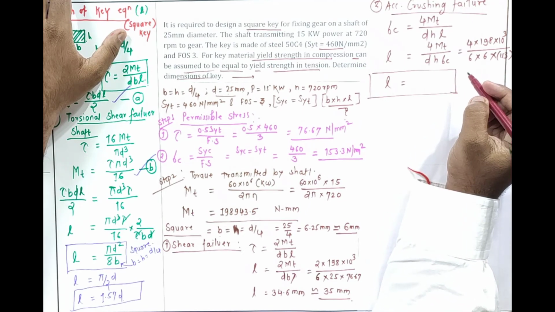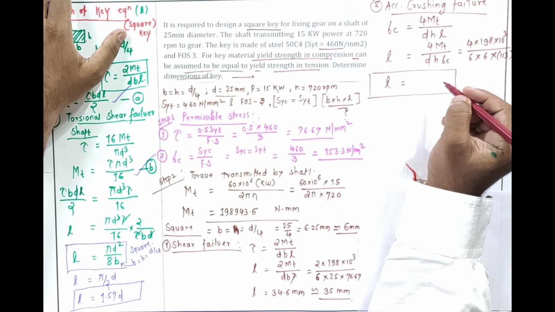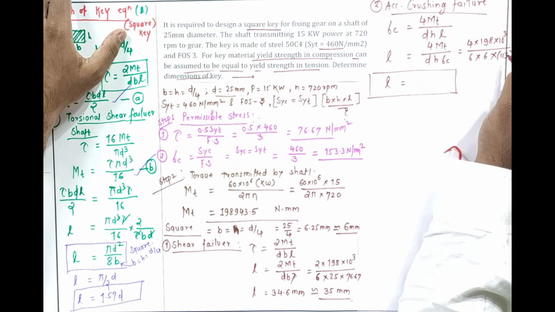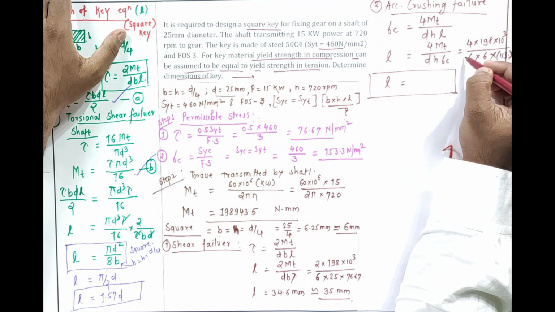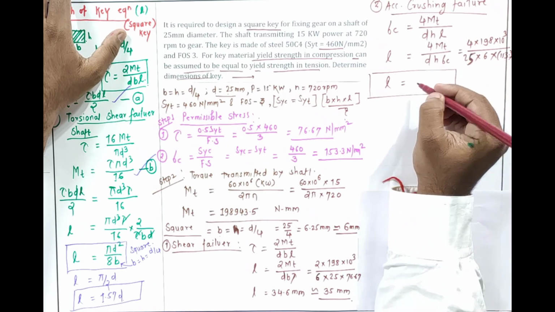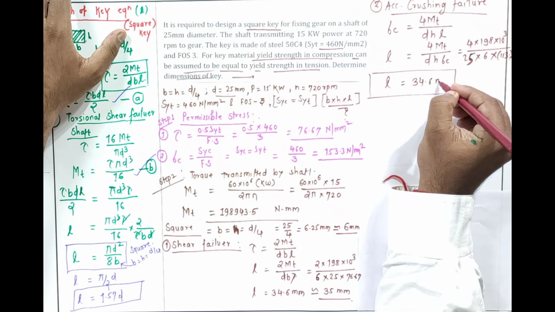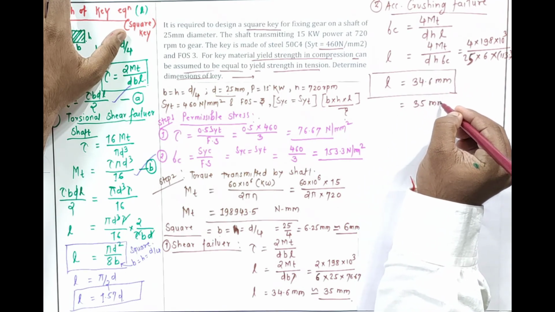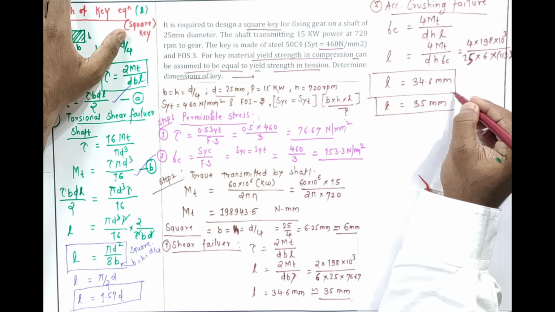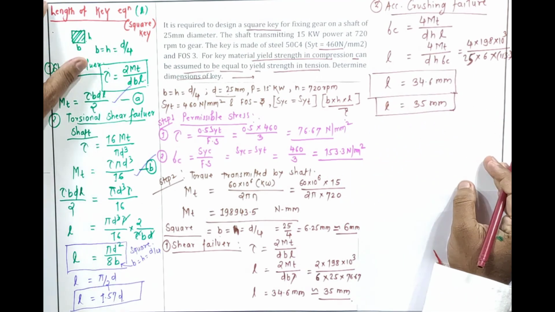In case of crushing failure, we again get 34.6 mm, which is nearly equal to 35 mm, which will be the final length considering the stresses.